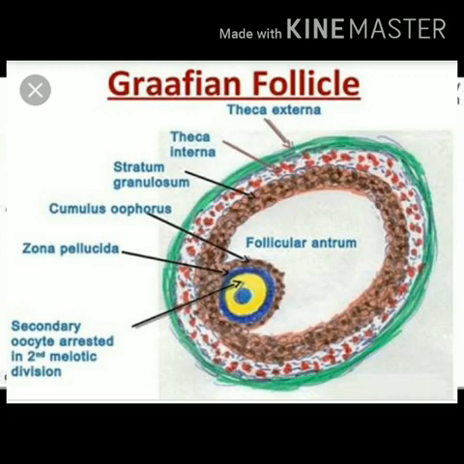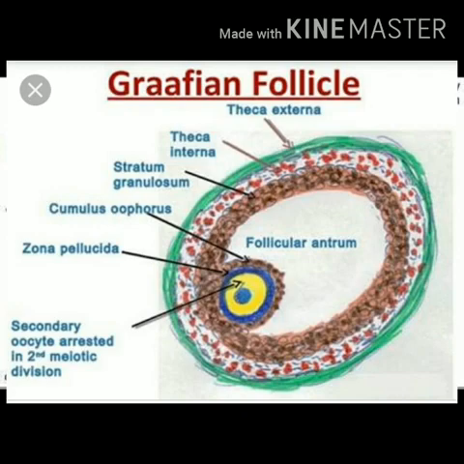By the addition of theca, it now changes into a secondary follicle, in which the secondary oocyte grows and the number of granulosa cells increases and they start secreting hormone. They act as a gland, and this hormone is called estrogen.